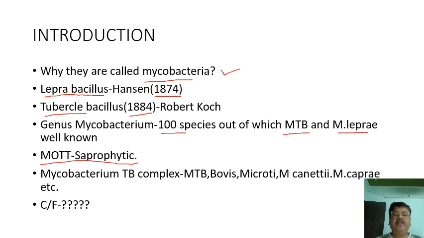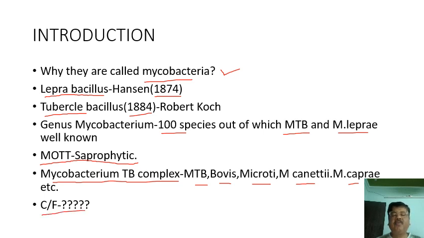So now the Mycobacterium tuberculosis complex is proposed, in which Mycobacterium tuberculosis, Mycobacterium bovis, Mycobacterium microti, Mycobacterium caprae, etc. species are there. Because of the genetic studies, they have been categorized under the Mycobacterium tuberculosis complex.